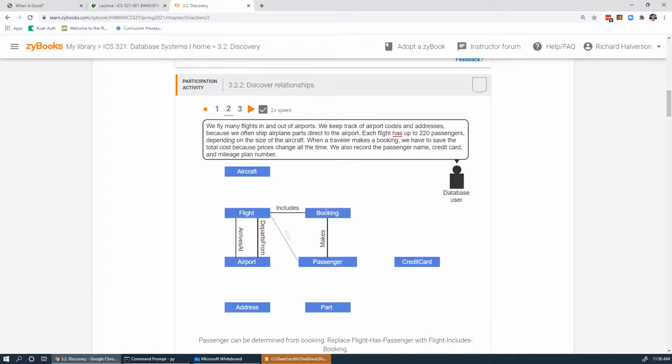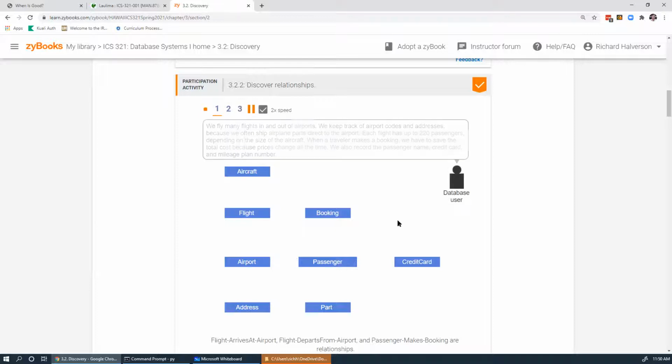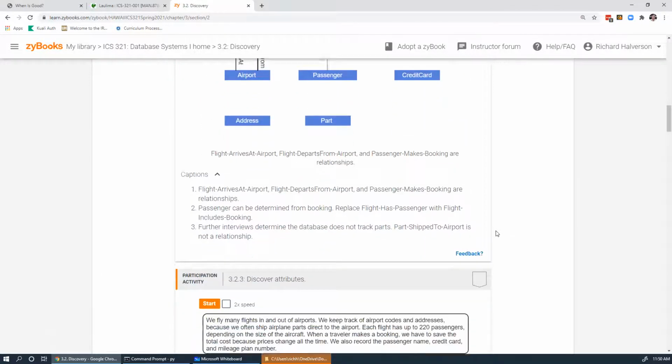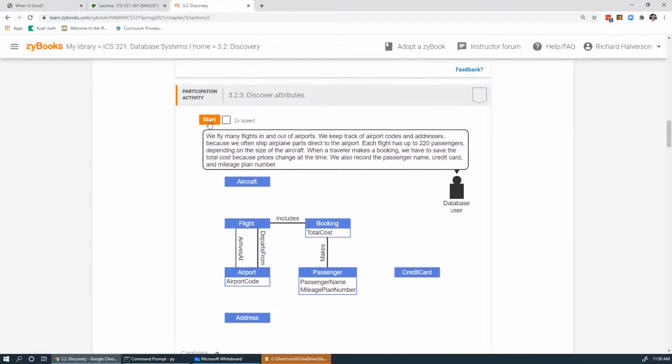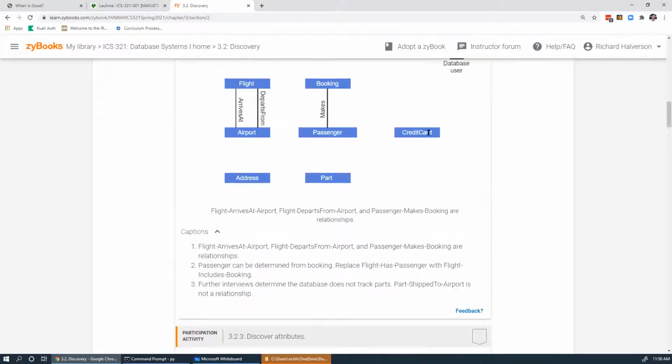A flight includes bookings. We don't track the shipment of parts. Is that it? What about the other ones? Okay, anyway, and then there's this many flights.